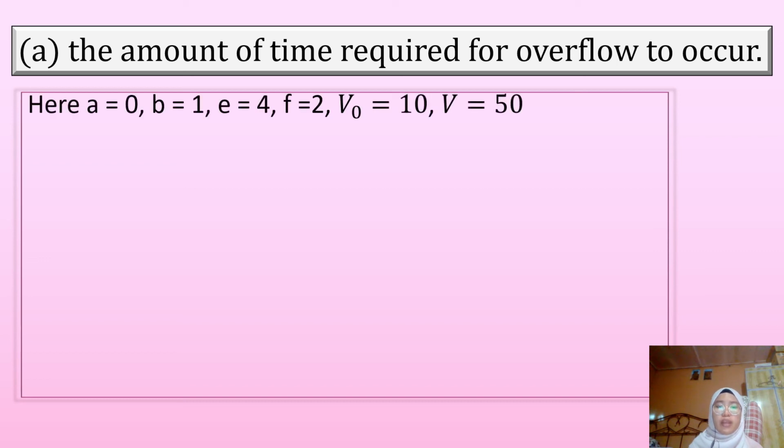Here we have A equals 0, B equals 1, E equals 4, F equals 2, initial volume equals 10, and the volume equals 50.